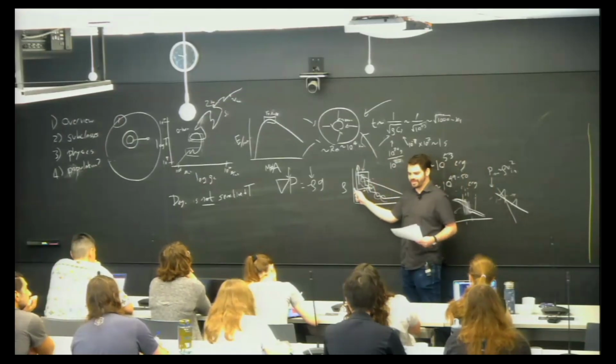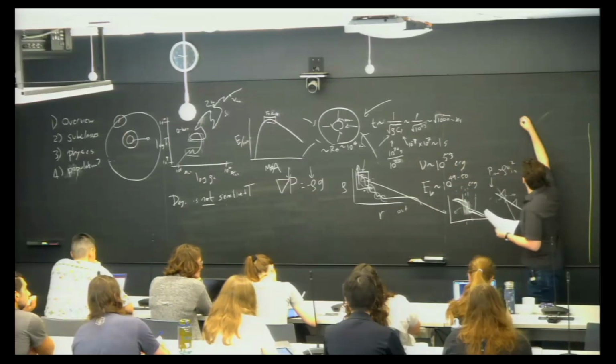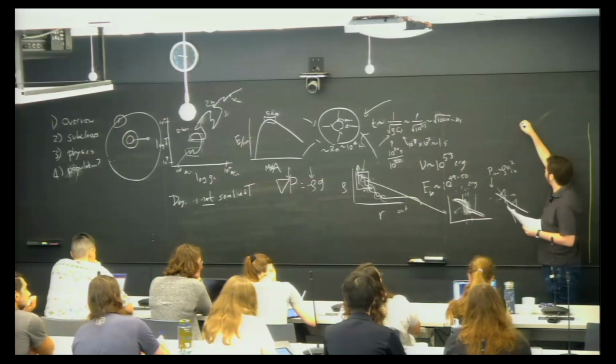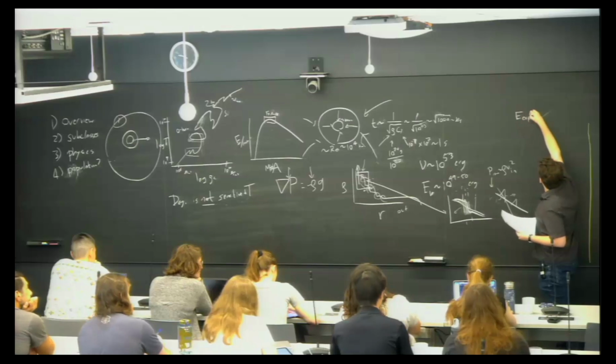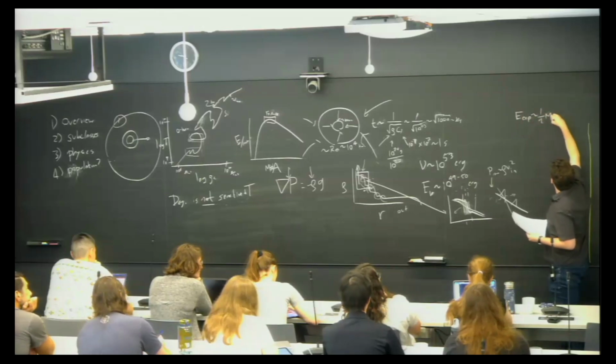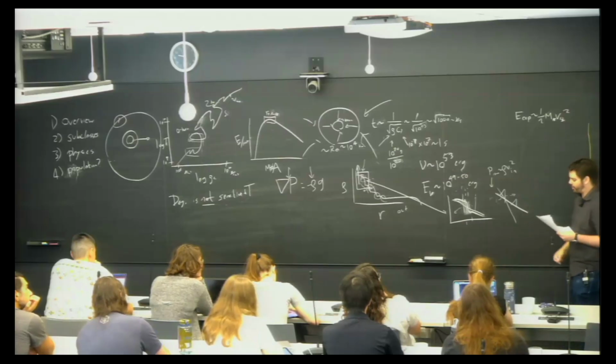And all of this process, the rest of it, you can say, well, how long does it take the shock to travel through the star? For your explosion energy goes something like 1/2 m_star v_shock squared. We're going to do this one zone model thing a lot.